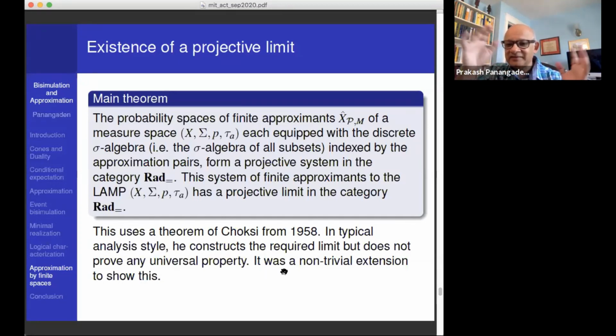And I think in those days when analysts said we have a projective limit, they must have been aware that they were constructing things that did satisfy the universal properties, but they certainly didn't prove it. Clearly he must have been thinking that, because why would he construct it to have that universal property? But it was not completely routine to prove that it had that universal property. But anyway, the point is, our family of finite approximants forms a projective diagram and has that projective limit.